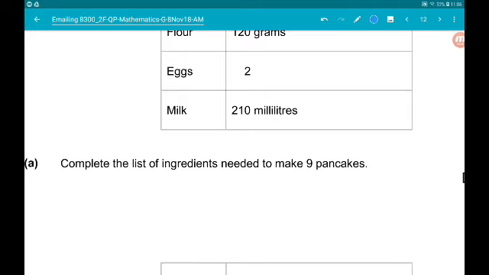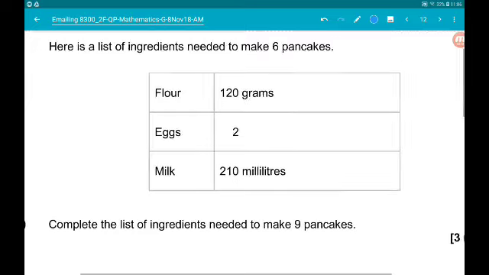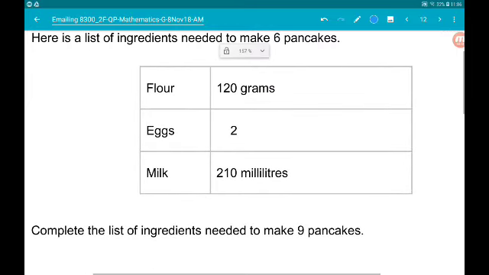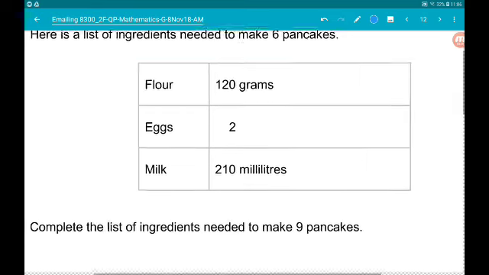So the trick to this sort of question is, can we think of an amount of pancakes that goes into 6 and 9? 3. So, to work out how much stuff we need for 3 pancakes, we divide the stuff for 6 pancakes by 2.